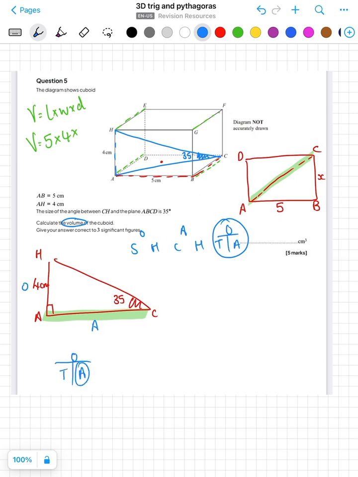We're covering up the A because that's the one we want to find out, which leaves us with O over T. So that's 4 over tan of our angle. Pop that in the calculator: 4 divided by tan 35 gives us 5.71... Keep those decimals. That's the length of AC.